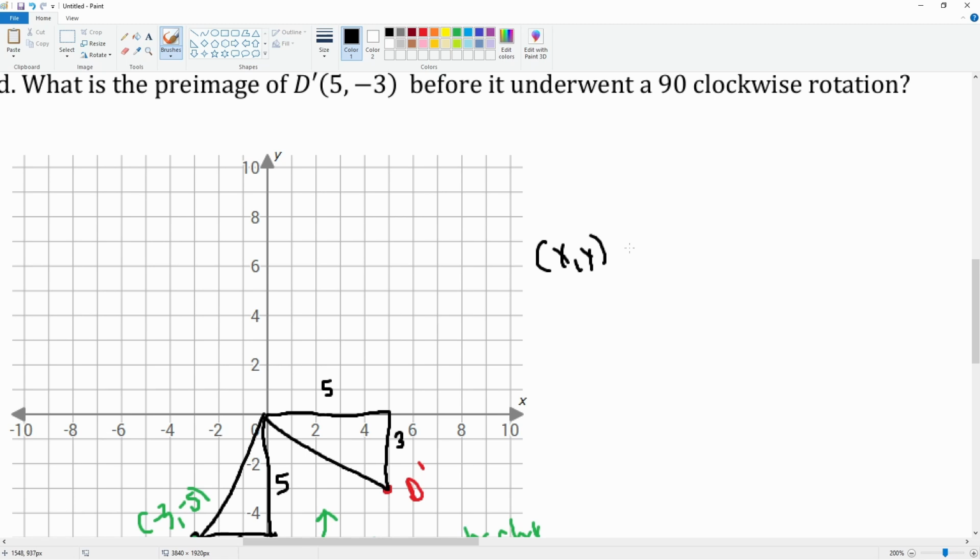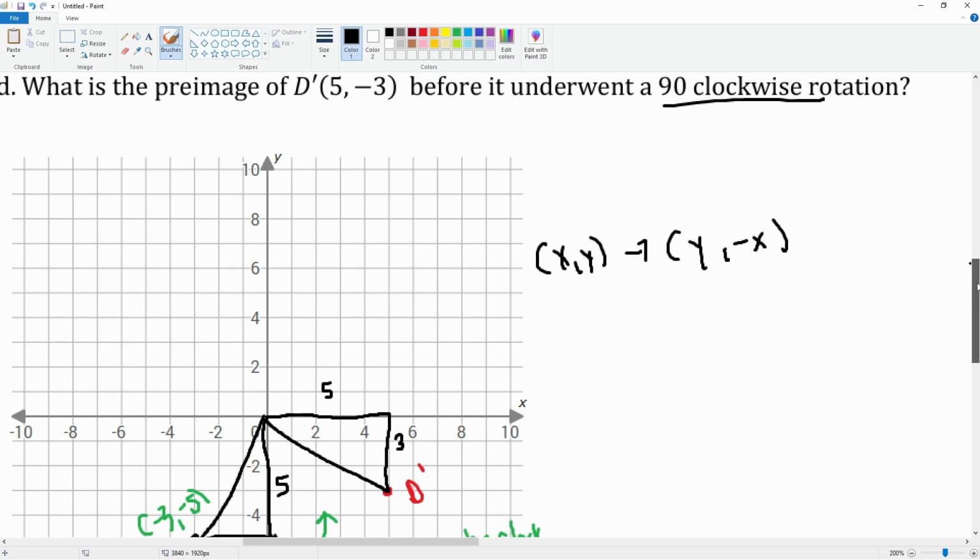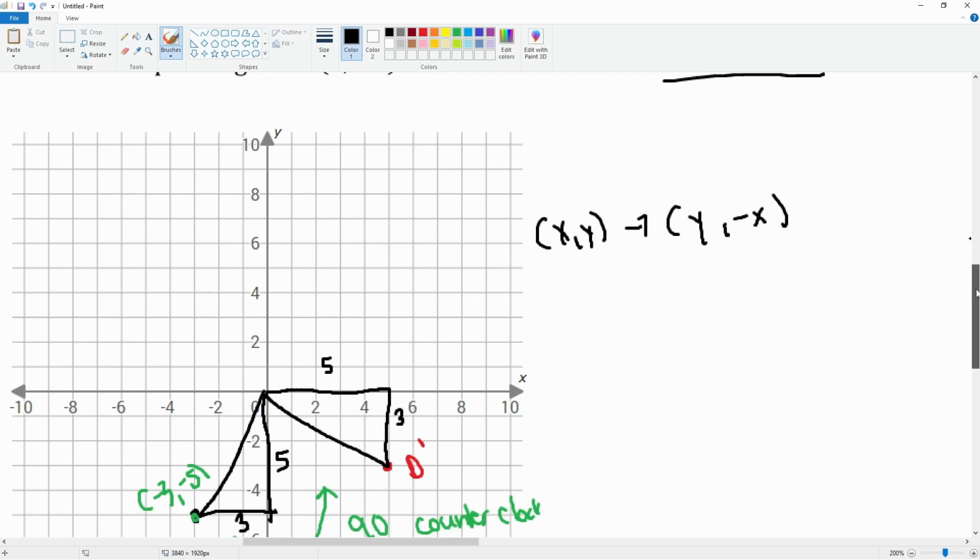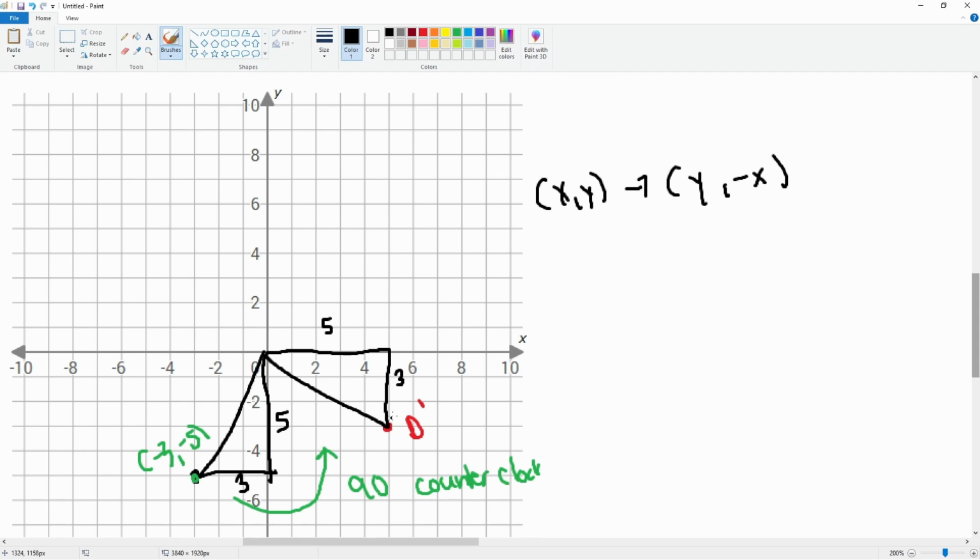X comma y. Okay, it looks like the X is changing sign and the Y gets swapped. That makes sense. That is the rule for the 90 degrees. Wait, hold on. It's before it underwent a clockwise. Oops, sorry. That is a counter. This is a counter, sorry. So the clock would be up here somewhere.